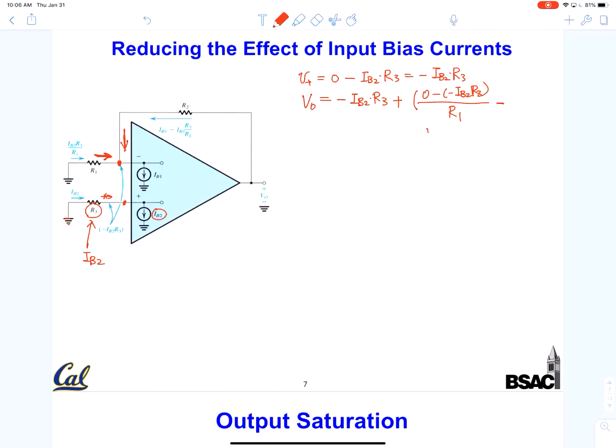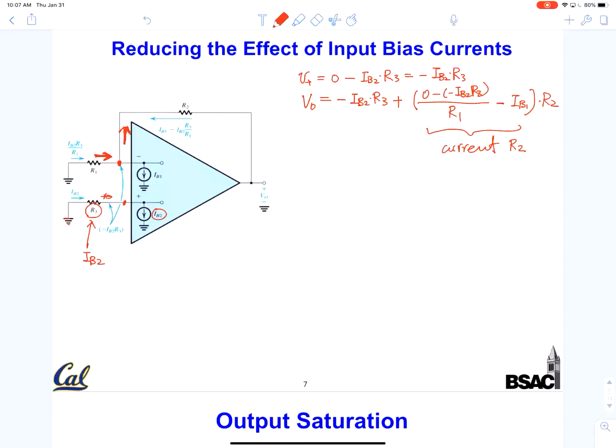So we want to find the current through R2. Okay, so the current on R2, let me reverse this direction here. So it's this current minus IB1. So this will be the current that will eventually go out this terminal here, times R2.